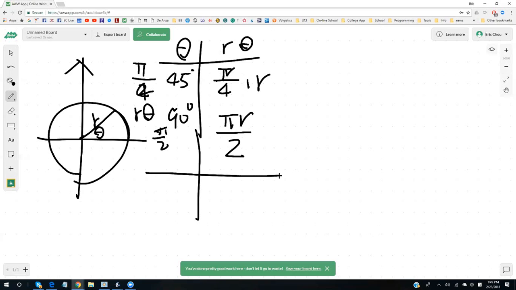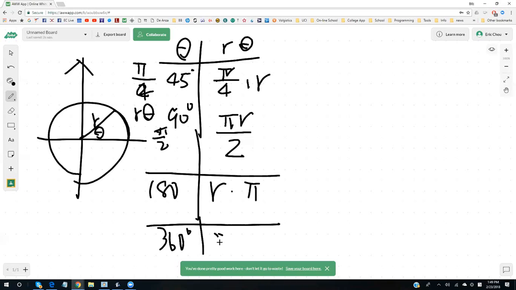And then 180 degrees, that will be r times pi, right? 360 degrees should be r times 2 pi, right?